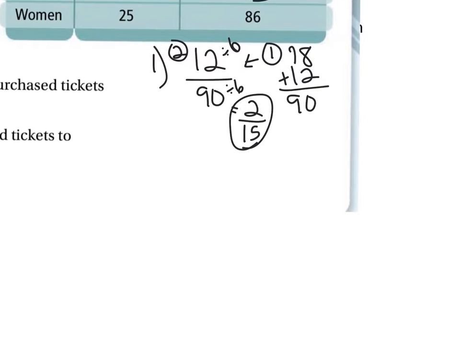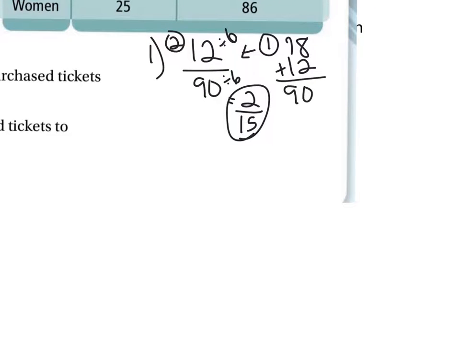And then the percent. To find the percent, we would just divide those out. So 2 divided by 15, you get like 0.13, and so on. And then we'll move the decimal over 2 spots. So we'll say it's about 13.3%. They should tell you about rounding or not rounding.